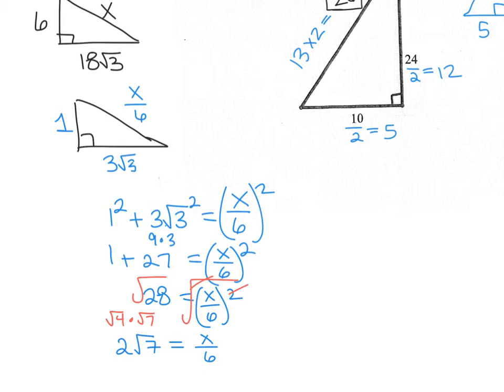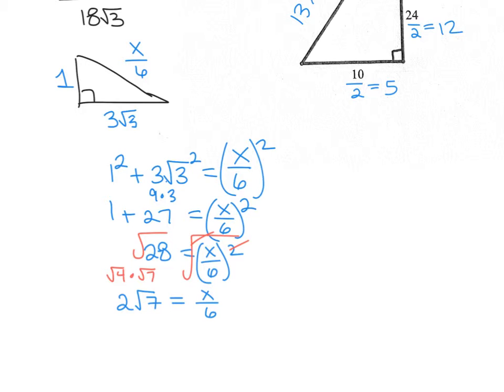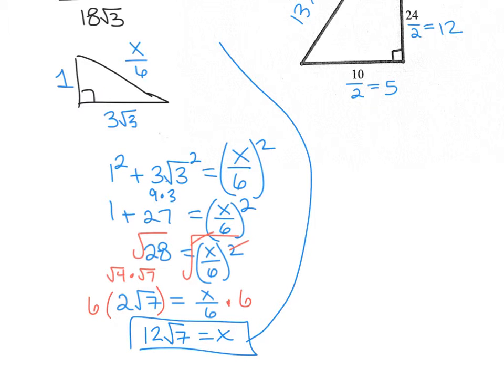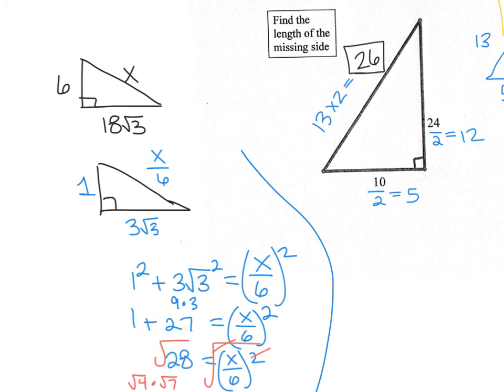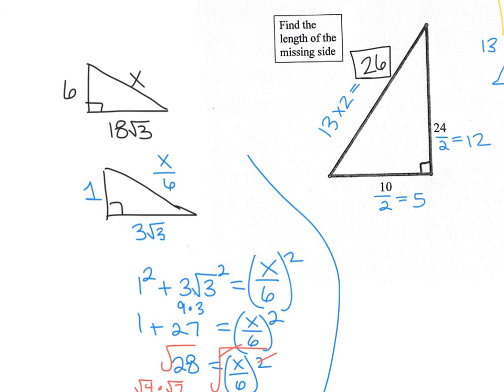Now to get your final answer, multiply both sides by 6, and your final answer for this problem would be 12 root 7 is equal to x. So that's just another way to simplify your problems and get your answers. So we got 12 root 7.